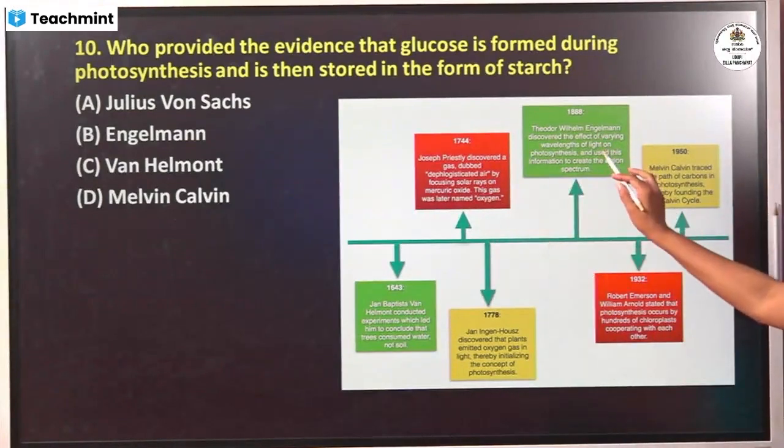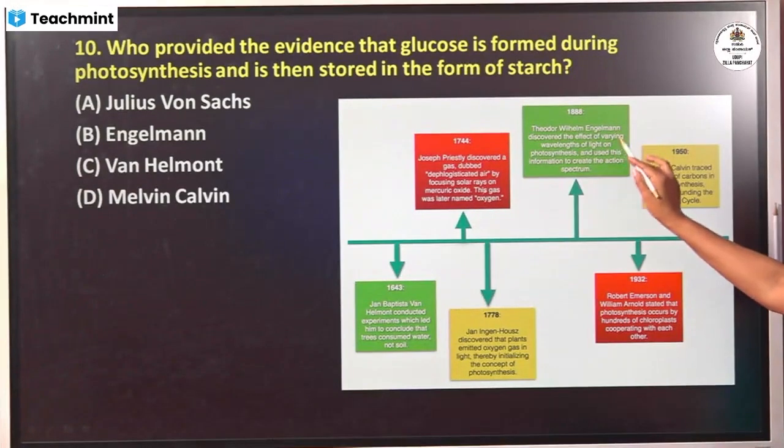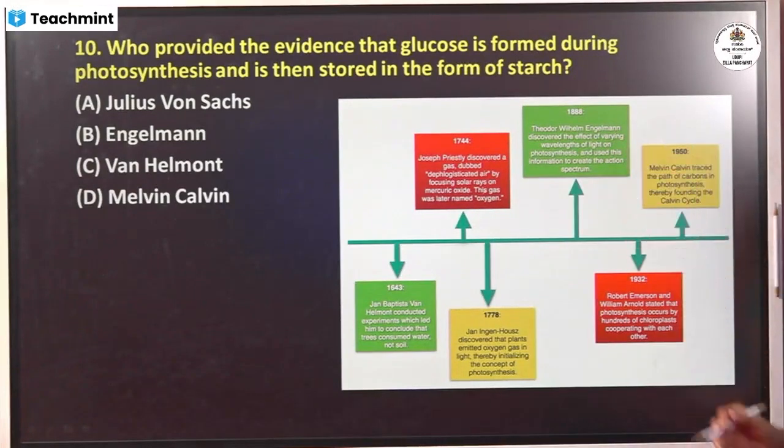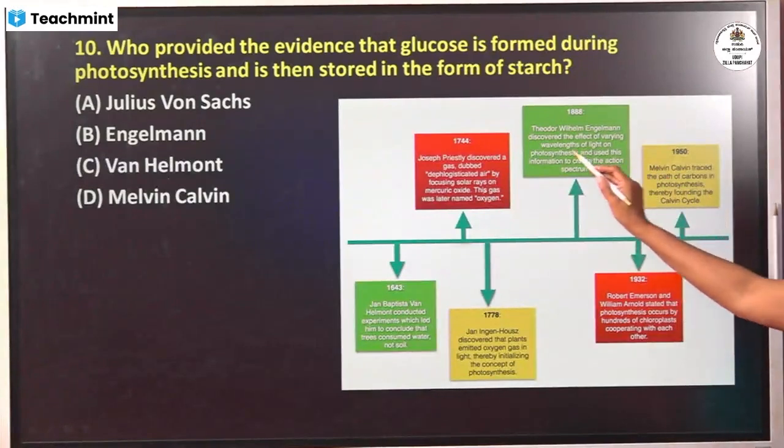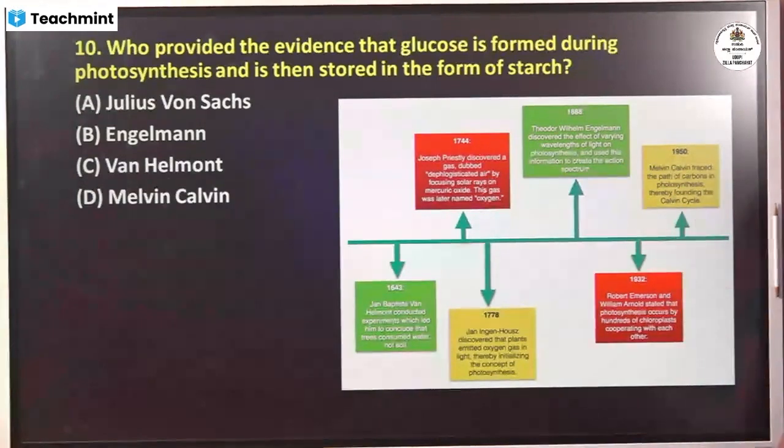Then we have Theodor Wilhelm Engelmann, who discovered the effect of varying wavelengths of light on photosynthesis. Then Melvin Calvin traced the path of carbon in photosynthesis, and he founded the Calvin cycle.